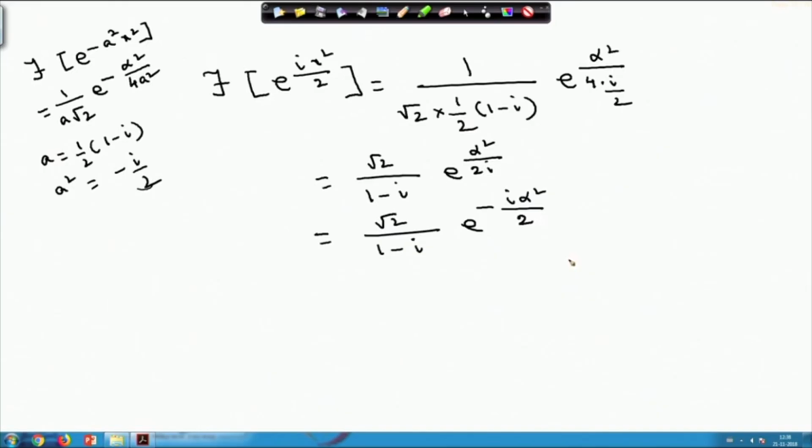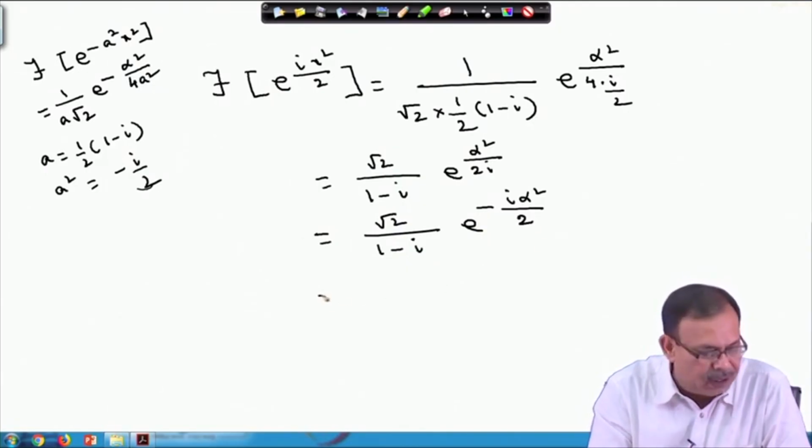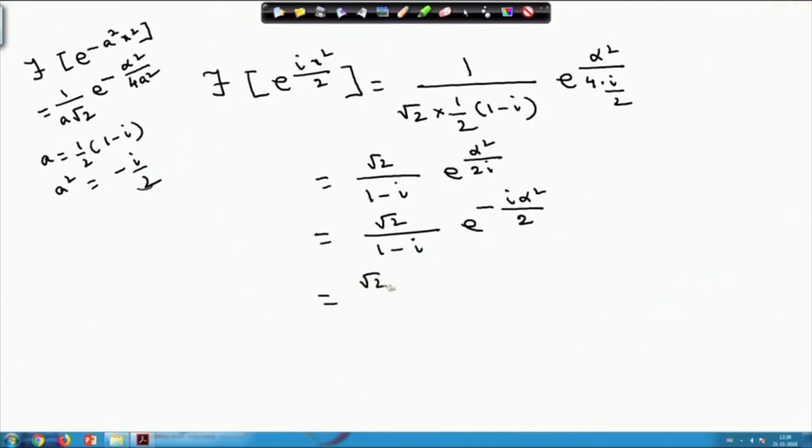So effectively, the Fourier transform of e power i x square by 2 equals root 2 by 1 minus i into e power minus i alpha square by 2. If you multiply by 1 plus i, the denominator 1 minus i square becomes 2, with e power minus i alpha square by 2.